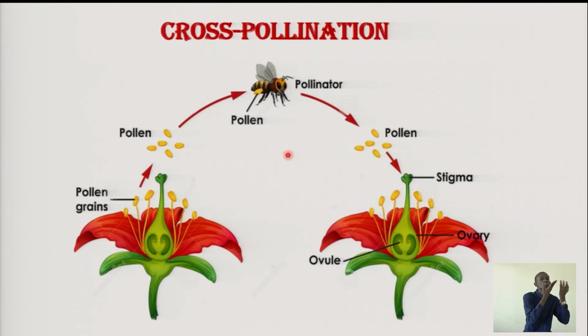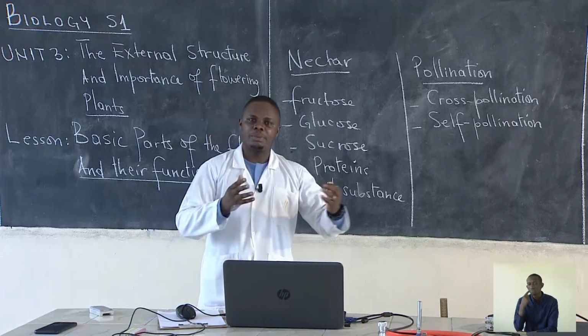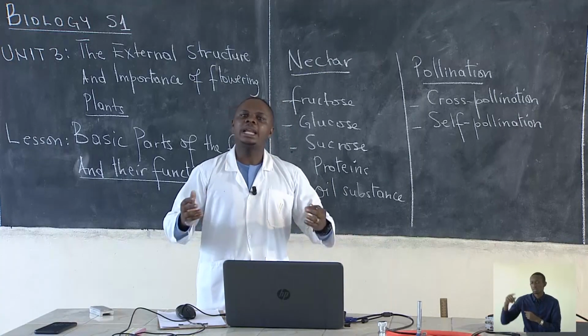So the transfer of pollen grains from anther of one flower to the stigma of another flower is what we call cross-pollination. And this is where we talk about the role of pollinators. Birds, insects like bees, wasps, and others.